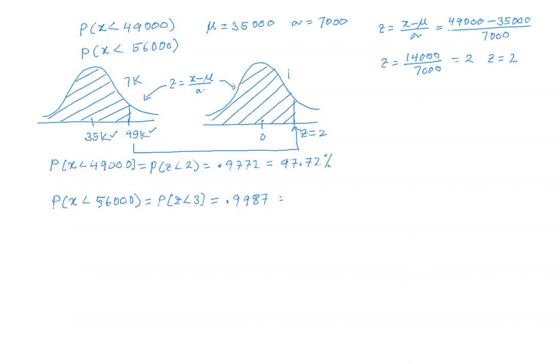That is to say, 99.87% chance. So the probability that somebody makes less than 56,000 is 99.87%, or 0.9987. The probability that somebody makes less than 49,000 is 0.9772, or 97.72%.